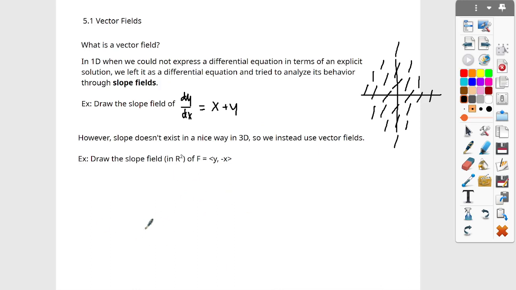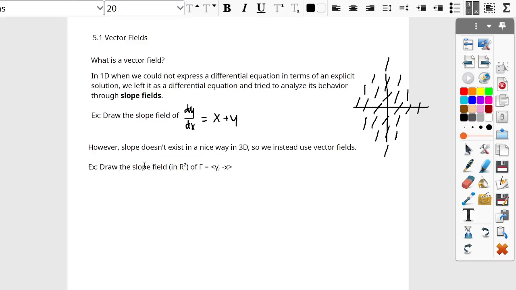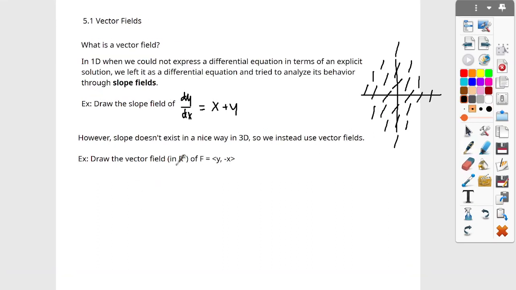So what is the vector field? I'm sorry, not the slope field, the vector field. Draw the vector field of F. So the vector field of F is F. I should have bolded F because it's supposed to have a hat on top of it.